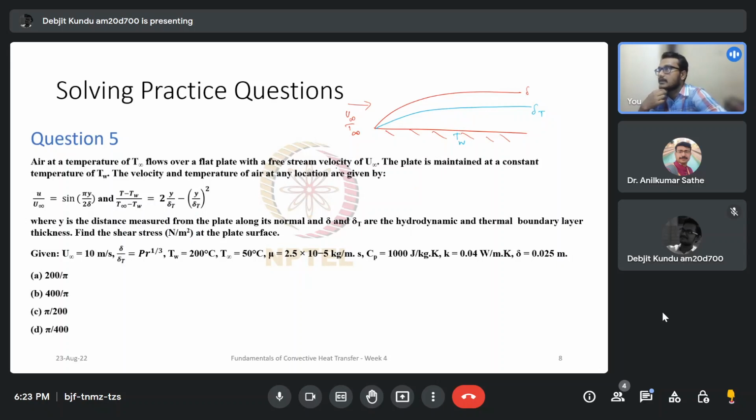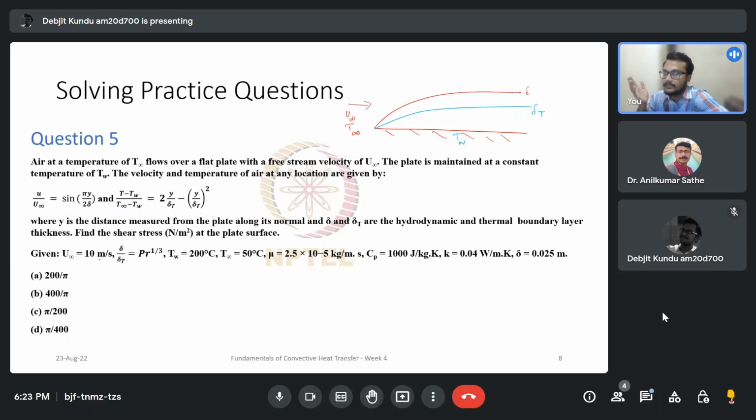Now, the velocity and temperature of air at any location are given by this. So the profiles of velocity and temperature are also given. u by u infinity is equal to sine of pi y by 2 delta. So instead of a polynomial or any other kind of profile, it follows a sinusoidal profile. We can assume this with a significant amount of reasonability.